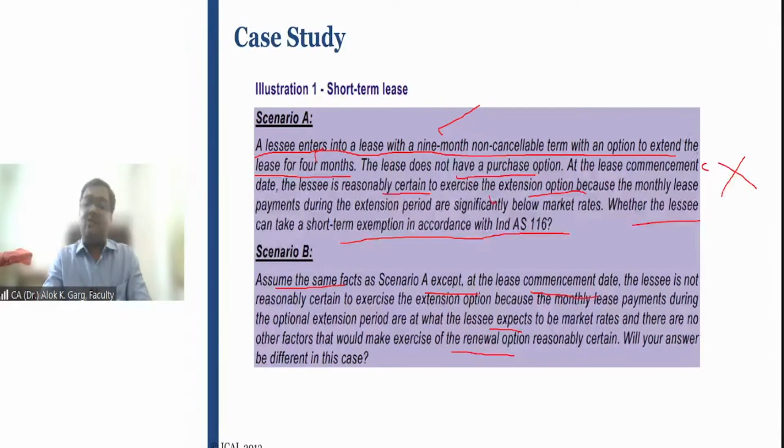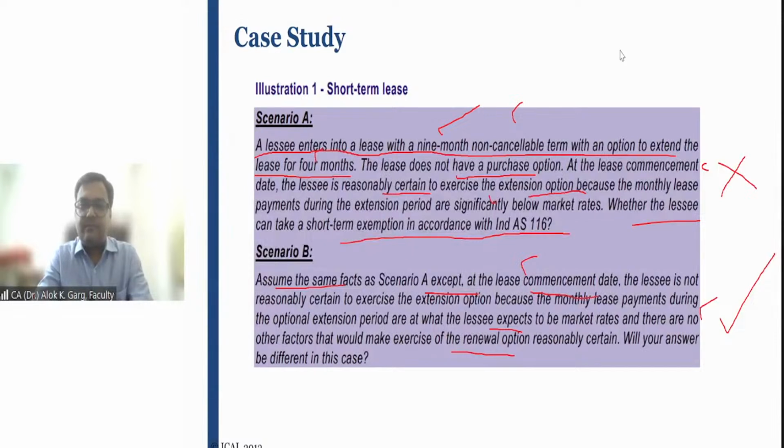In the second case, on the basis of the same facts, there is no reasonable certainty to avail the renewal period. So in the first case, the lease term is 13 months. In the second case, the lease term is 9 months only. So can the exemption be availed in the second case? Answer is yes, because it is less than 12 months.